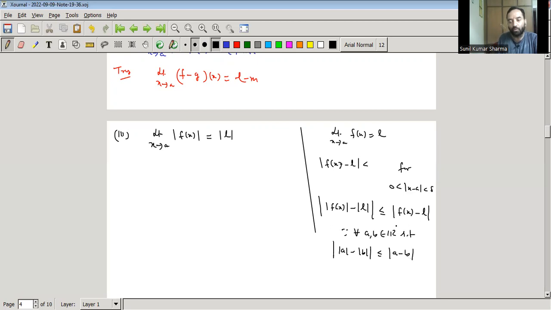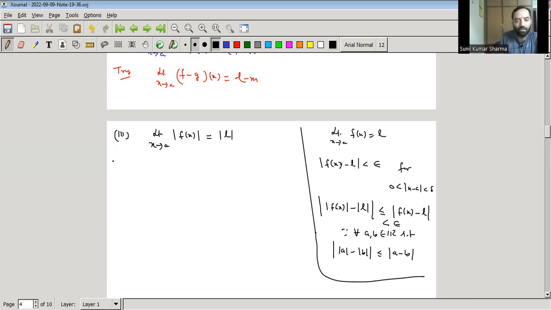So we use this property, and the left hand side we want less than epsilon, and on the right hand side we have mod f(x) minus L. So we take this to be less than epsilon. अगर मैं यहाँ पर इसको less than epsilon लेता हूँ, then again we get the same. Okay. So almost the proof is done.